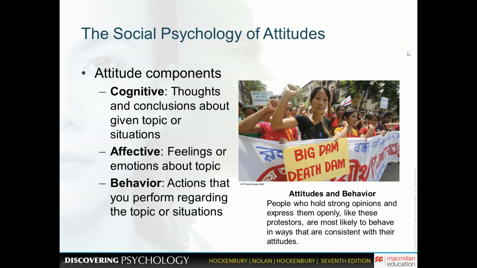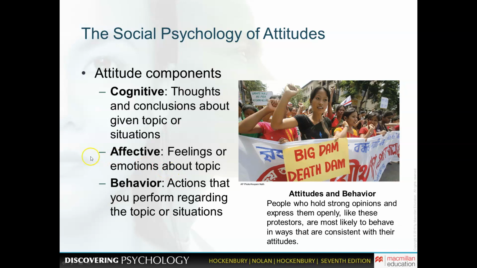When it comes to talking about attitude, there are three different components that we want to focus on. The first is the cognitive component, our thoughts and conclusions about a topic or a situation. The affective component is our feelings or emotions about a certain topic.